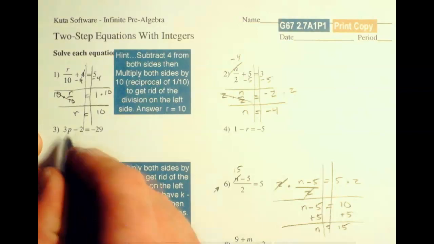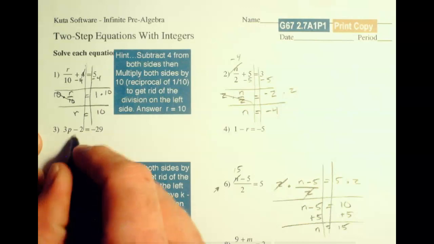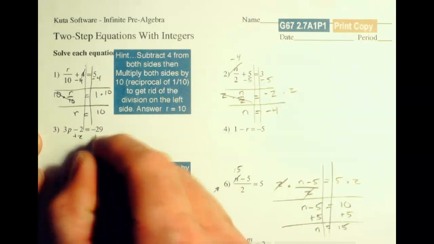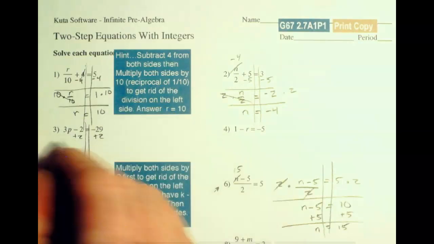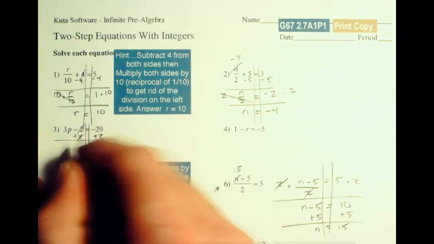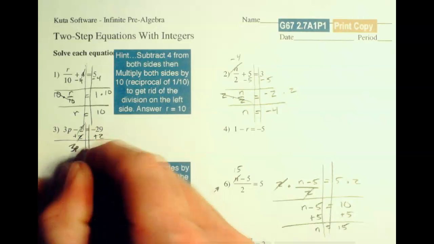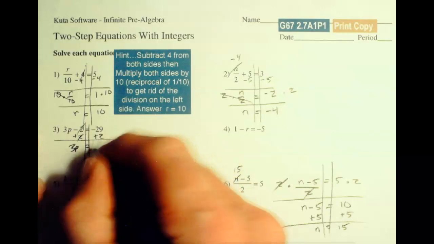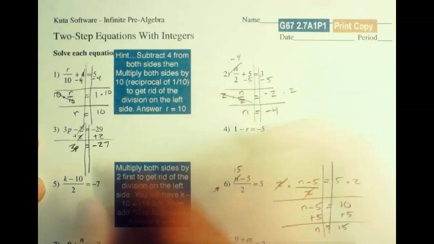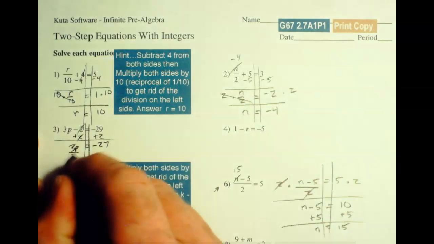This one here, we can just add 2 to this side and add 2 to this side. These 2's cross off. You've got 3p equals, well, that's going to be a negative 27. They're different signs. The difference is 27. It's negative. So now I'm going to divide both sides by 3.